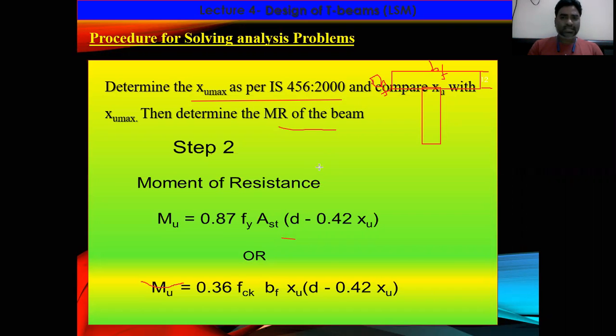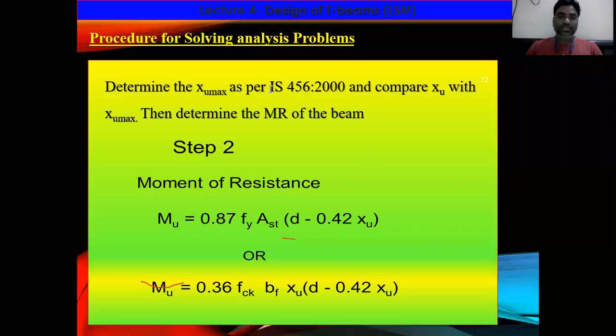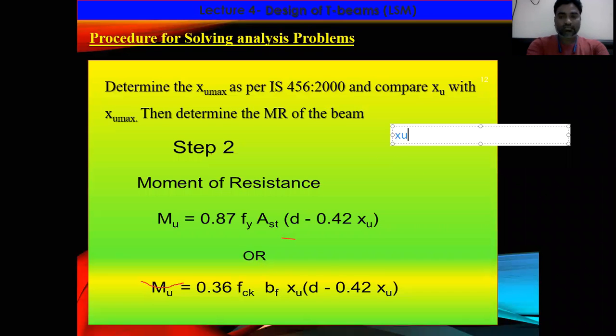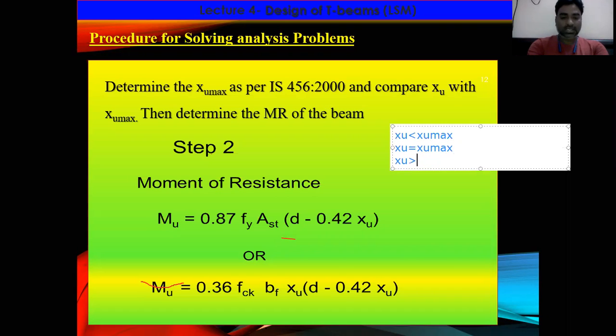Then compare with xu equal to xu max. If xu is less than xu max, then it is called an under reinforced section, xu equal to xu max is a balanced section, and xu greater than xu max is called an over reinforced section.